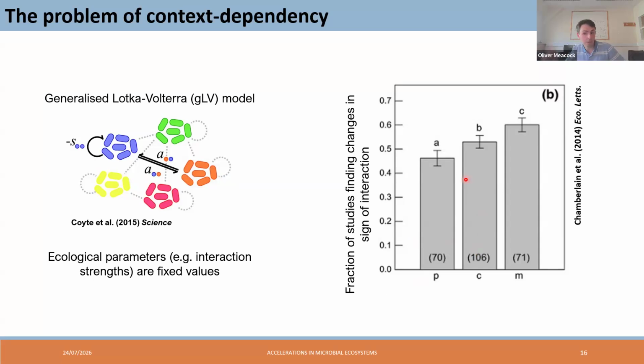You might go from being a positive interaction, for example, to being competitive, or positive to neutral. Don't worry too much about what these different bars represent. Basically, the key point here is that this is very common and very widespread.